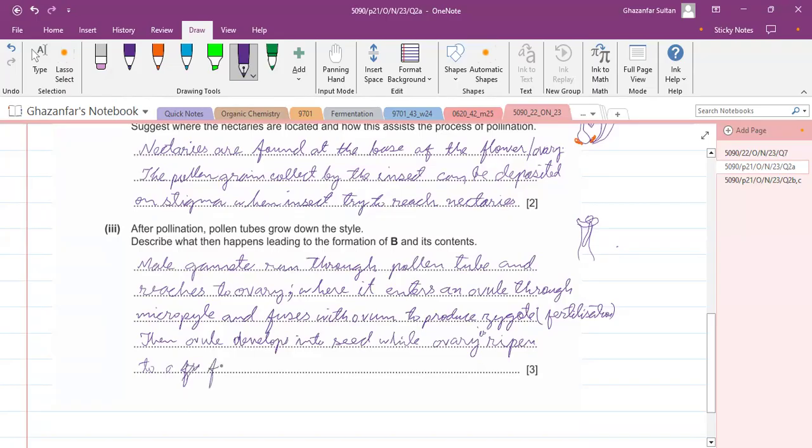And that was our question: describe what then happens leading to the formation of B and its contents. The content of the B fruit is the seed that we have covered here, and we have also mentioned the fruit, and you should mention that this is B.